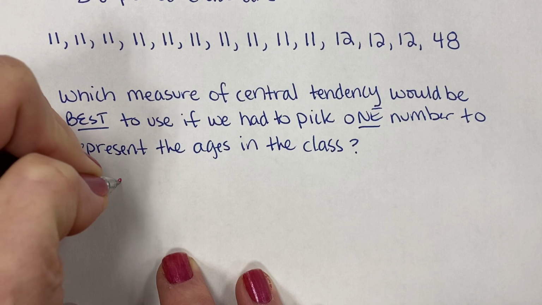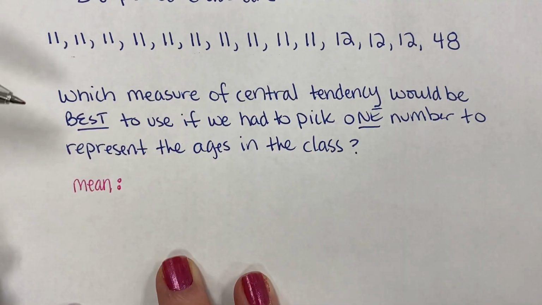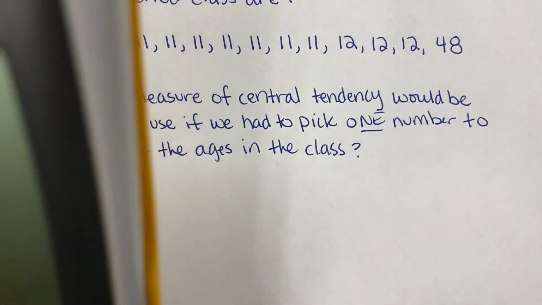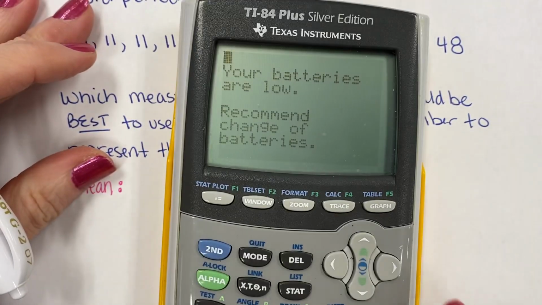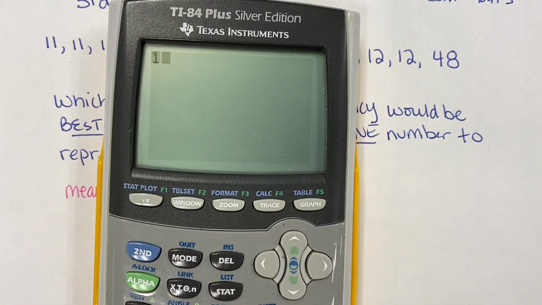To calculate the mean, we have to add up all of these numbers and then divide by how many numbers we have. So I'll do that for us here. Watch this. There's 1, 2, 3, 4, 5, 6, 7, 8, 9, 10, 11, and then my 3 12-year-olds, 1, 2, 3, and then Miss Callahan.